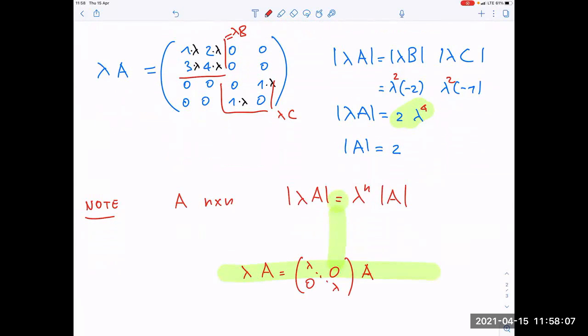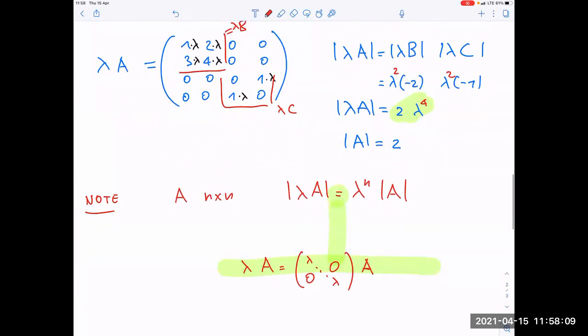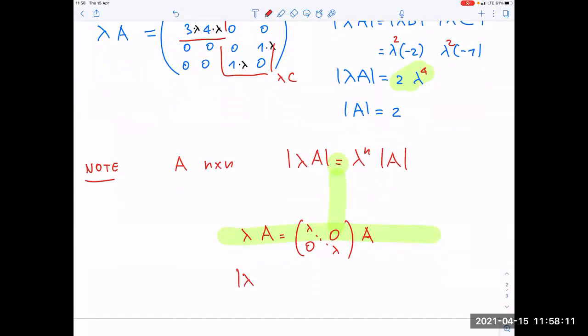And so when you apply Binet theorem, you will get the determinant of lambda A is the determinant of this diagonal matrix with all lambda on the diagonal times the determinant of A, and this is lambda to the power n determinant of A. So this is because of Binet theorem.